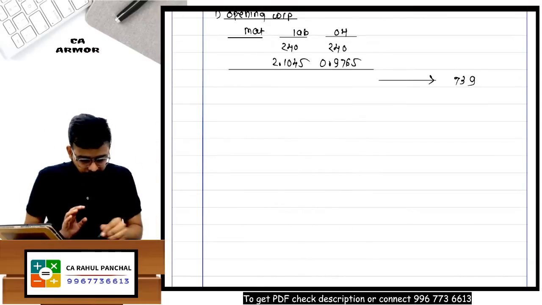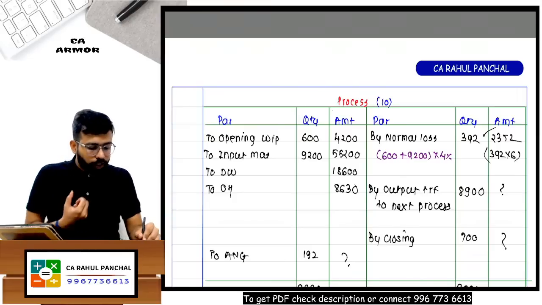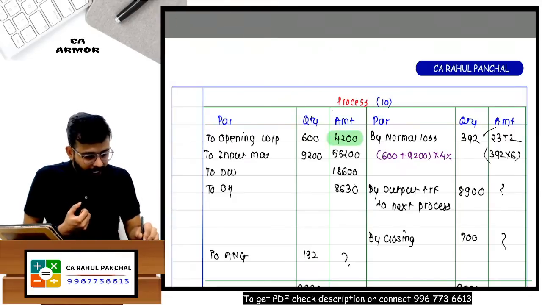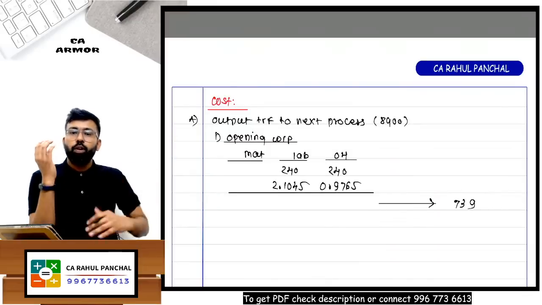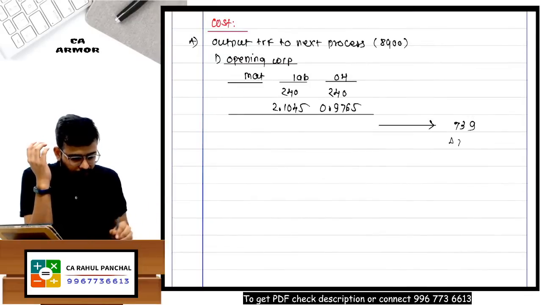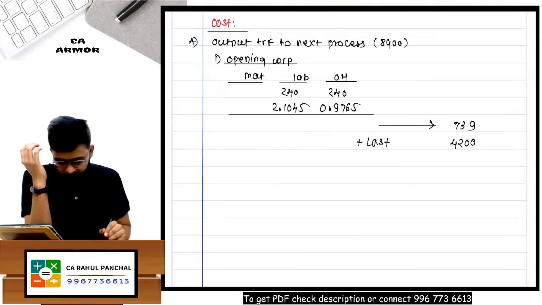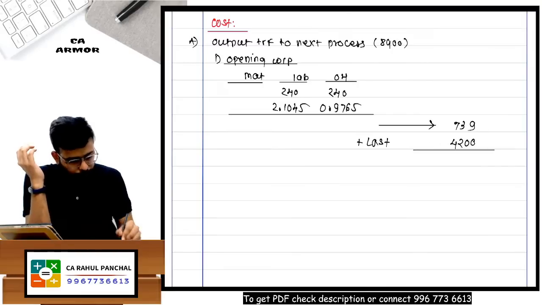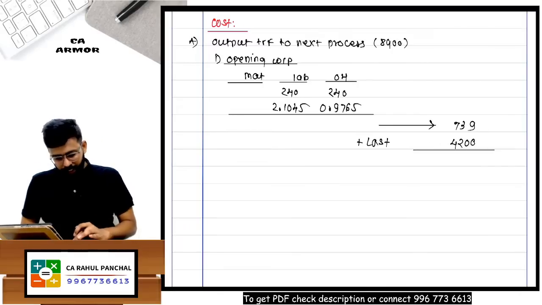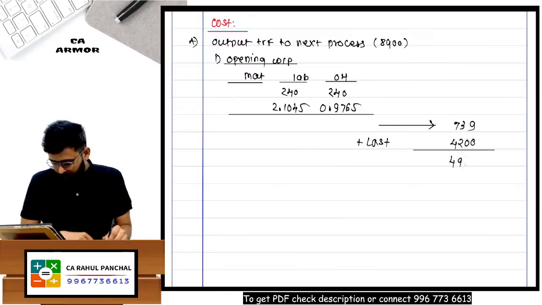Same way, some cost was incurred in the previous period also, which is 4,200. There is a high possibility you will forget this, so please add last period's cost also, which comes from the debit side of the process account. 739 plus 4,200 gives 4,939.